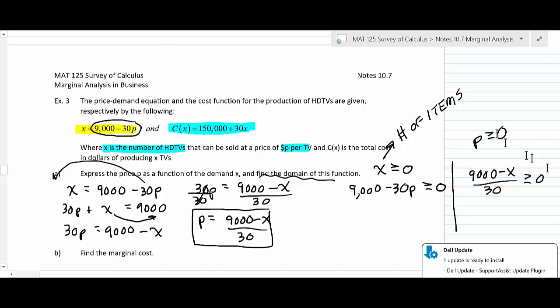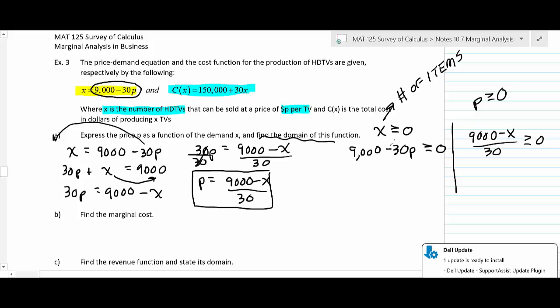Now let's go ahead and solve both of these inequalities. There's more than one way to do this. I'm going to choose to do it this way because I want to review something. So we would have negative 30p greater than or equal to negative 9,000 if I subtract 9,000 from both sides. Then I would have to divide by negative 30.